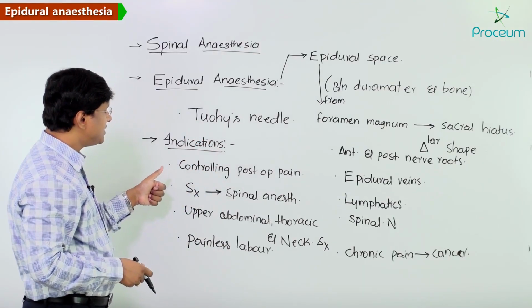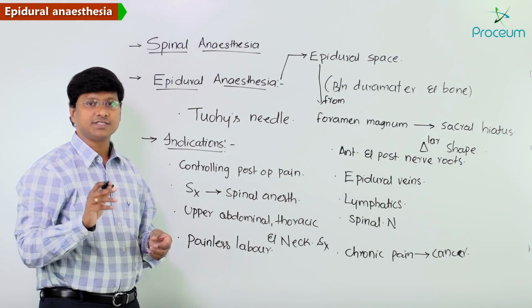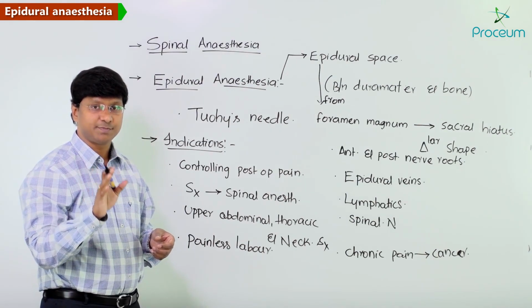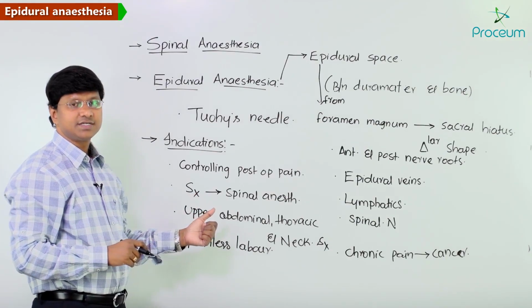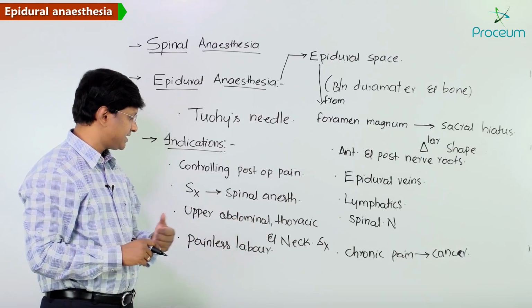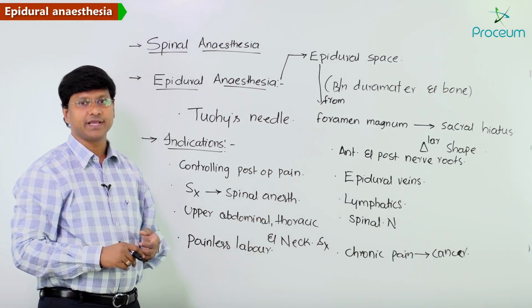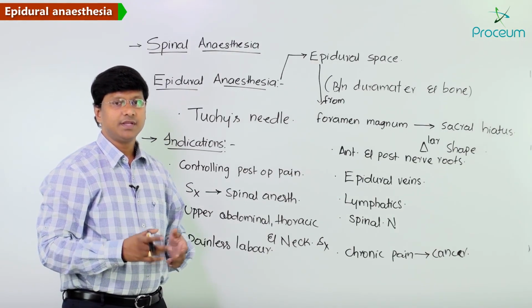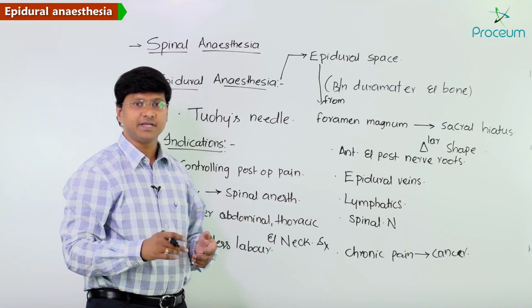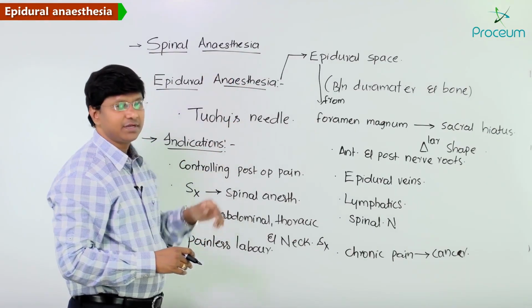The indications are controlling post-operative pain, all surgeries that can be done under spinal anesthesia, other surgeries like upper abdominal, thoracic and neck surgeries, painless labor, and chronic pain due to cancer. Now next let me compare the spinal anesthesia versus the epidural anesthesia.